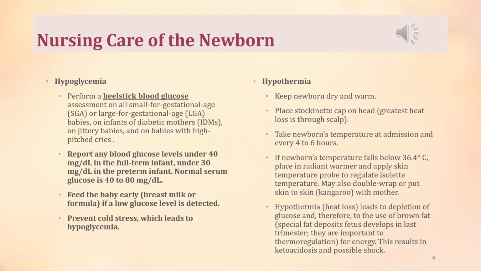So those nice big contraptions that you see. The way those run is there's a temperature probe that will stick usually to baby's abdomen, and that takes baby's temperature. And then the radiant warmer is set to either increase or decrease to keep baby at a nice normal warm temp.